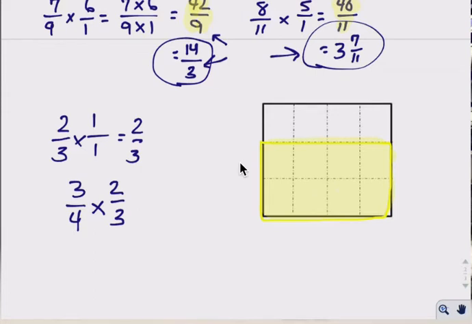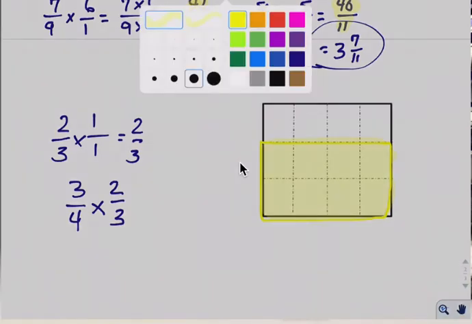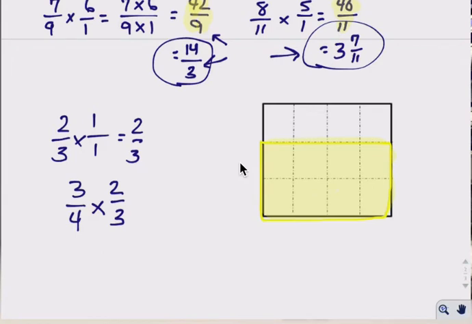So if we find a different color, and we took 3/4 of this, so we shade 3/4 of the whole. And look at the overlap here. This is the area we're concerned with because this is the 3/4 of the 2/3.